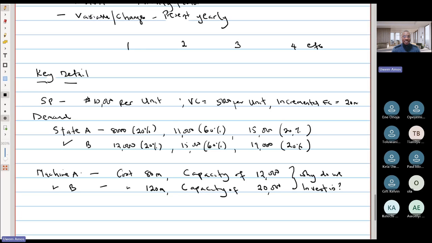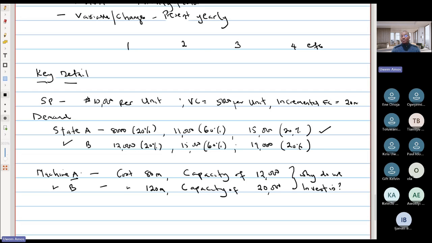If we purchase machine A at 80 million, what will be the net benefit to us? Now, if we purchase machine A, two things can happen. Either we have state A of 8,000, 11,000, and 15,000 sales, or we have state B of 12,000, 15,000, and 19,000.